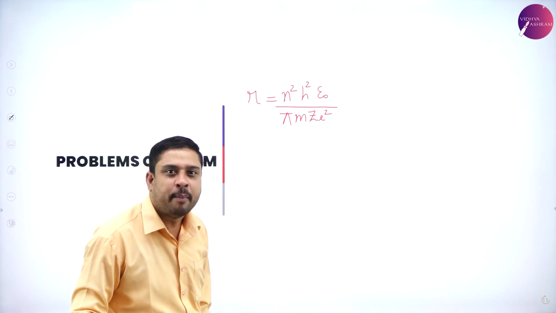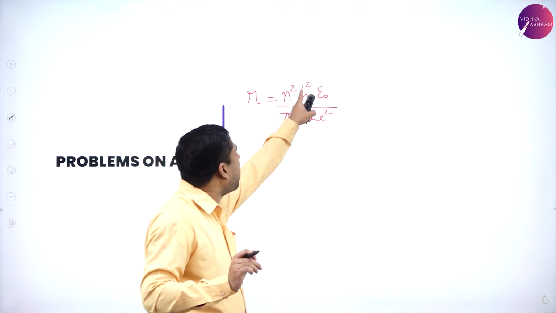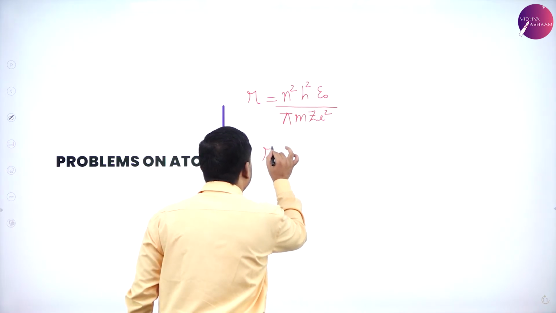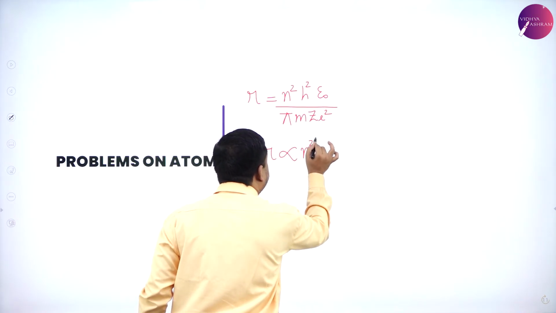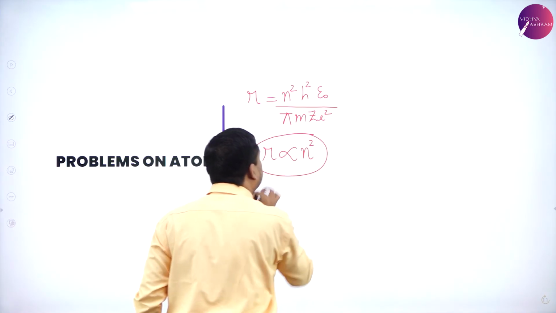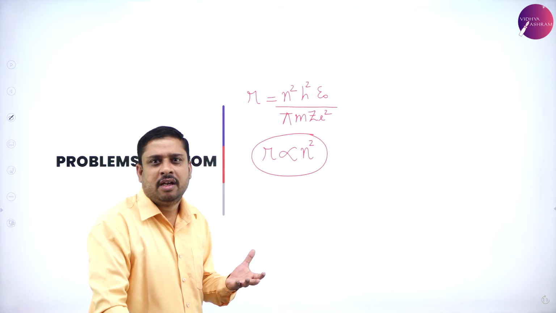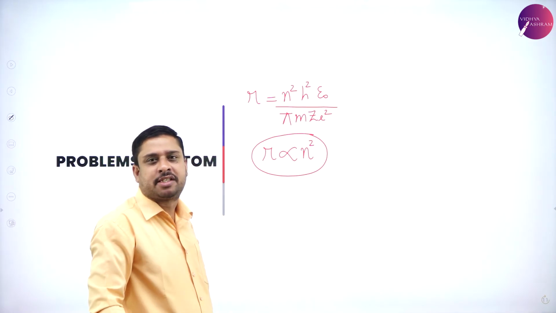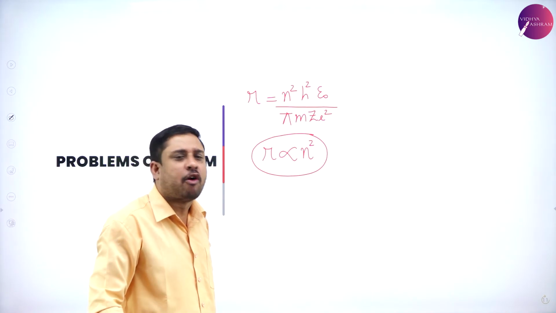If it is a 1 marker, all these parameters are constants. Therefore, I can say r is proportional to n square. Consequently, the radius of any nth orbit is proportional to the square of n.